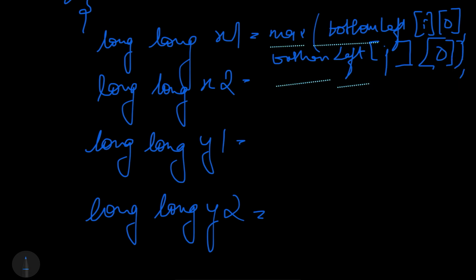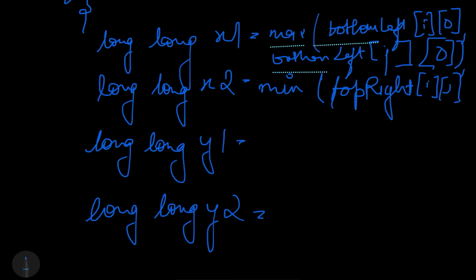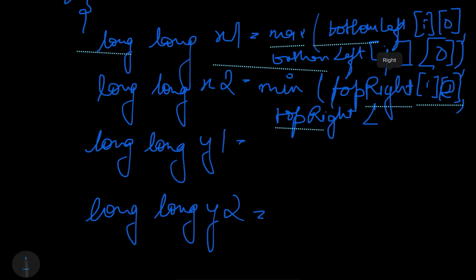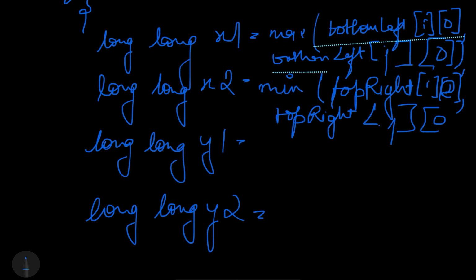Then our x2 would be minimum of top right of i comma 0, comma top right of j comma 0. Okay.